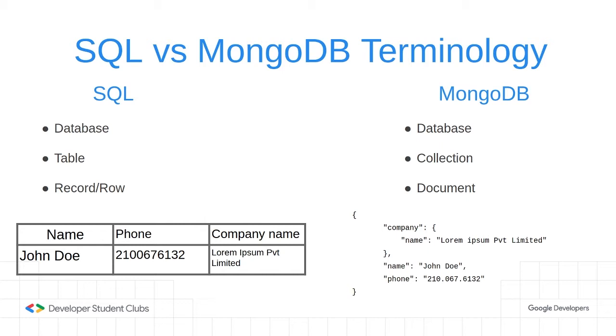These documents have key value pairs where this data is stored. So if we had a SQL based database for our application, we would have something like this. Our data would have been stored in a row. But as we are storing our data in MongoDB, we can expect our data to look something like this.